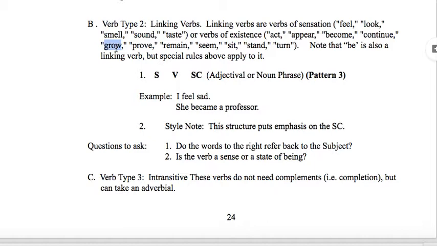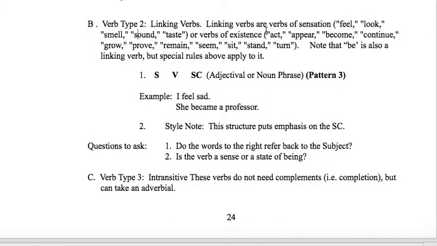They're sort of verbs that are living, acting, moving. There's strange verbs, the linking verbs. So you just sort of have to memorize which verbs are linking verbs. Some of them are sensory: feel, look, smell, sound, and taste.